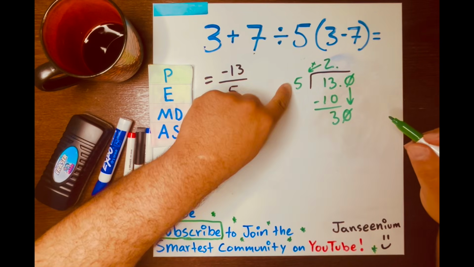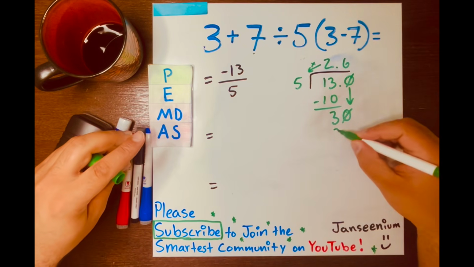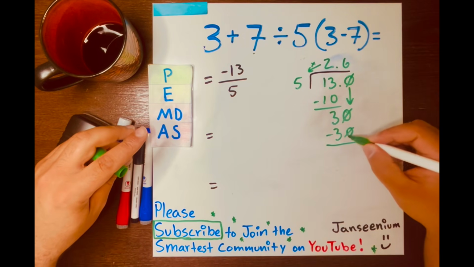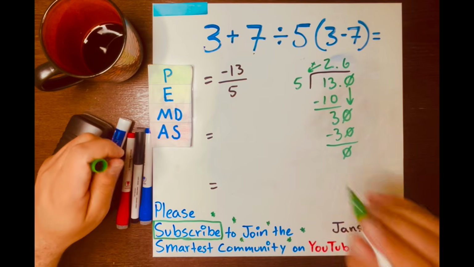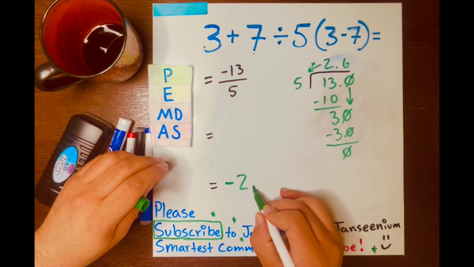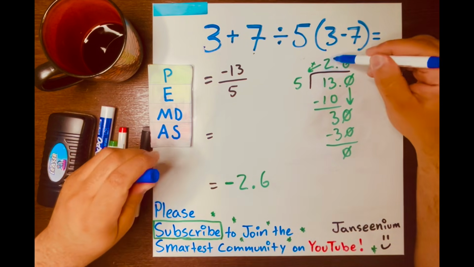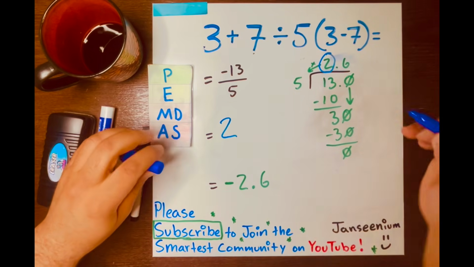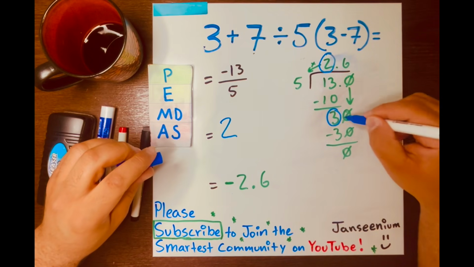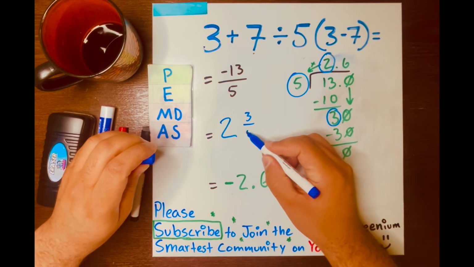You can fit 5 into 30 6 times, right? Because 6 times 5 is 30, and 30 minus 30 is 0. So your decimal answer is negative 2.6, and your mixed number answer, the whole number is 2. The remainder, which is 3, goes above the fraction bar, and the 5 goes below the fraction bar.